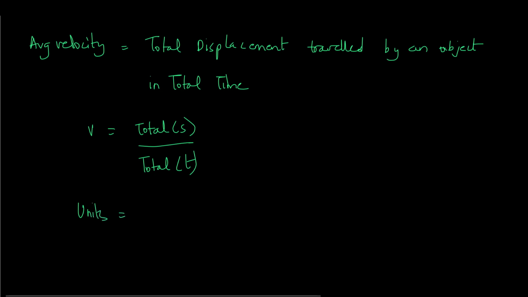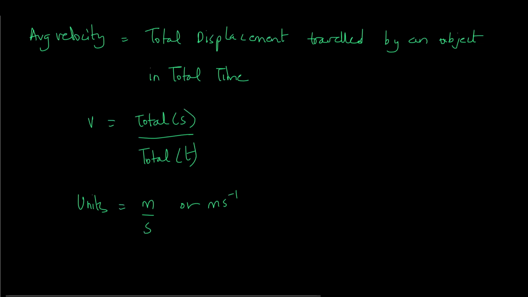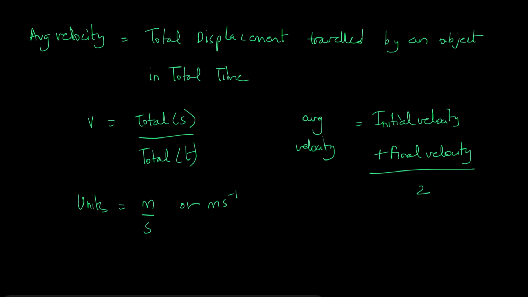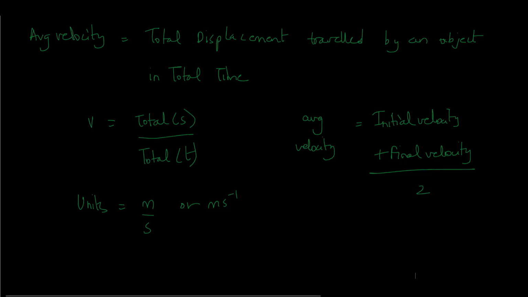SI units will be meter per second or meter S power minus 1. Or another formula for average velocity is initial velocity plus final velocity by 2.